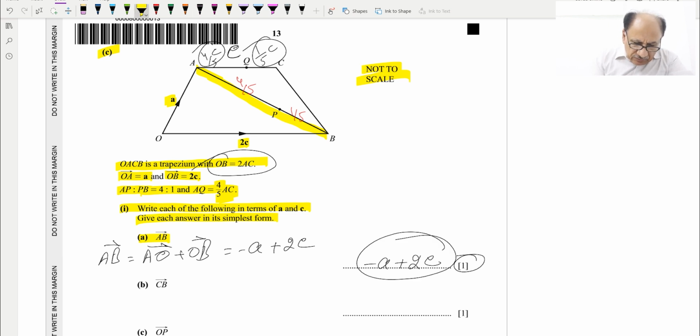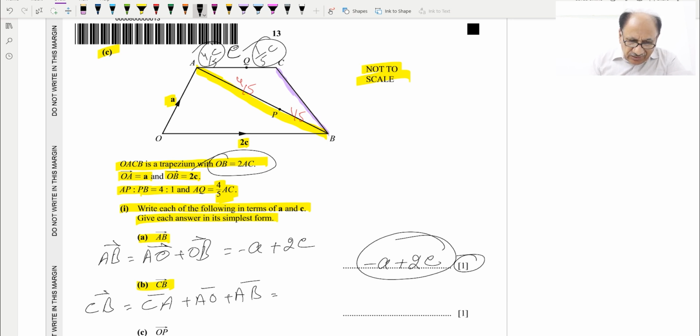Next they are saying CB, and CB is this one. So we can again write the route. We have to start from C and reach B, and this is equal to CA plus AO plus OB, and these are vectors.